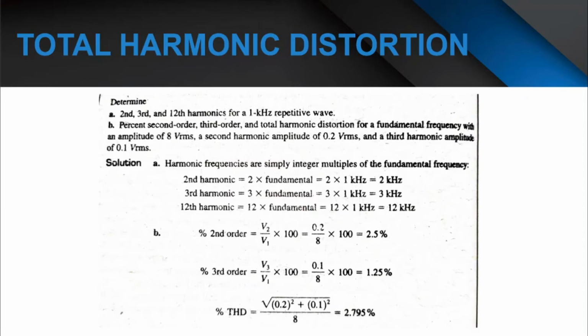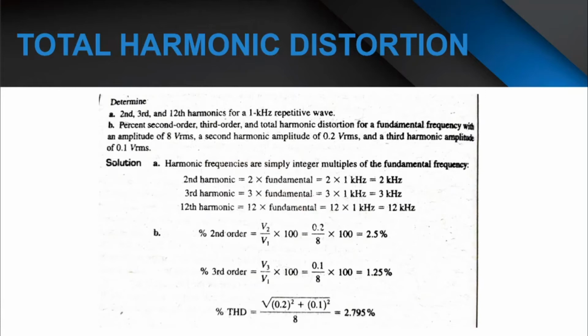So we have 2.5%. And for the percent third order, we have V sub 3 over V sub 1, which is the fundamental frequency, times 100, which is 0.1 over 8 times 100, and we'll get 1.25%.